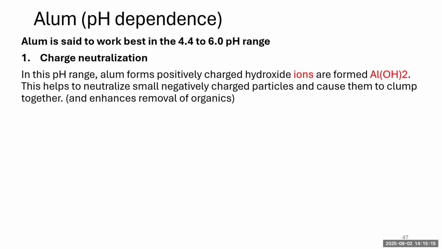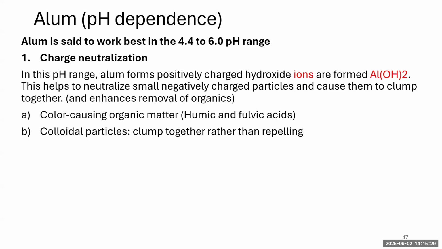And this is helpful, especially for removing organics. Those small colloidal particles of organic will go downstream if we don't remove them and cause problems like disinfection byproducts. So that's the reason to have a lower pH. It can also help you to remove color and small colloidal particles. Those humic and fulvic acids are precursors of disinfection byproducts.